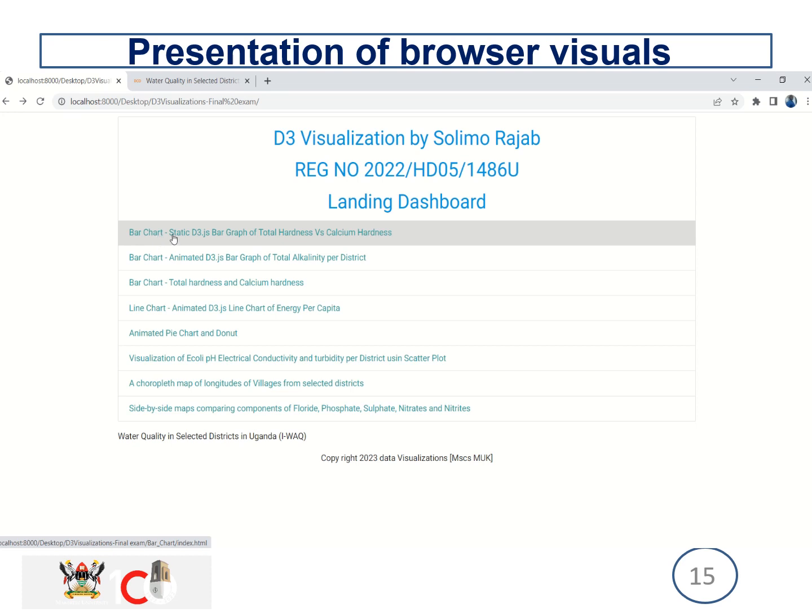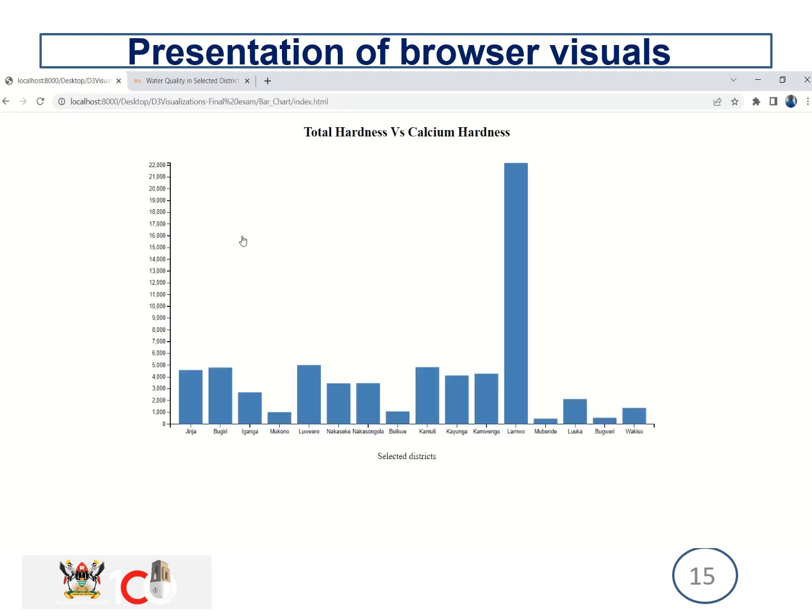It gives us the visual about total hardness and total calcium hardness. And here you will see that the total hardness and calcium hardness is a little higher in Lamu district compared to other districts.